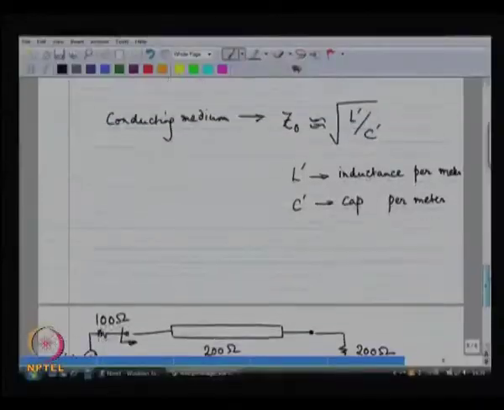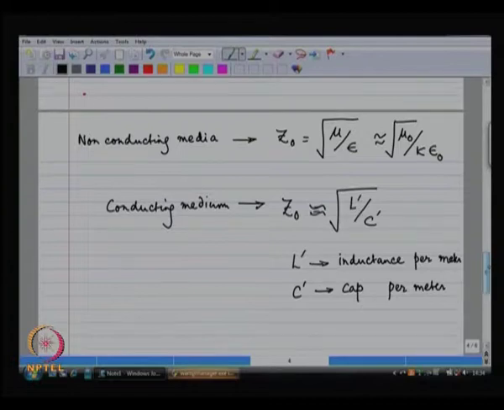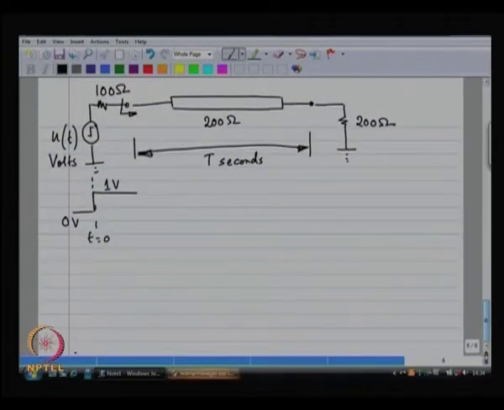As you see, it is probably coming from a formula like square root of mu by epsilon, or square root of L prime by C prime. One of these formulae is leading to the characteristic impedance. So, we have launched this wave, and this wave does not know what is coming on the other side of the transmission medium. To the wave, the transmission medium appears to be an impedance of 200 ohms.